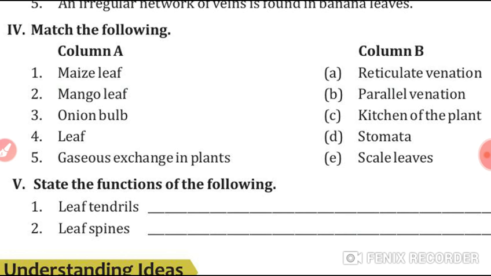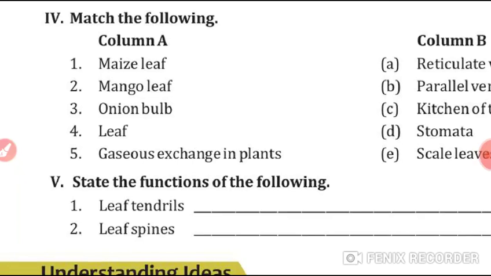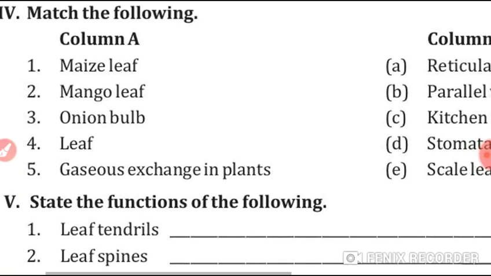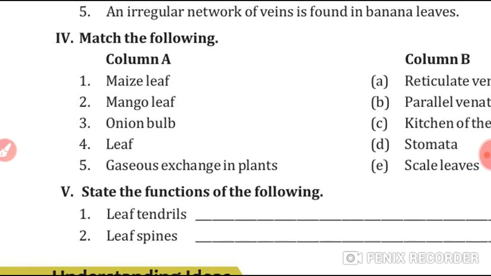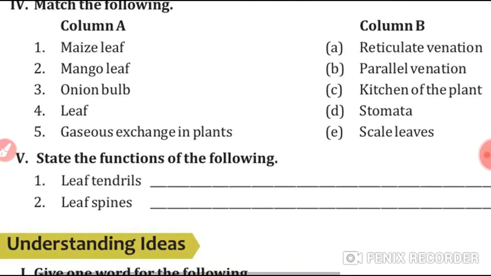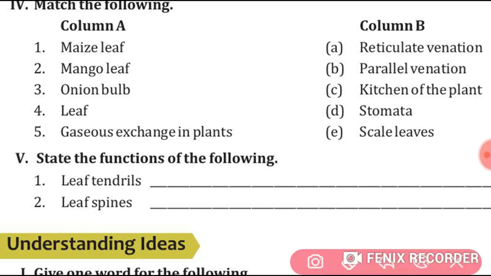Now, we will do question number 4, match the following. First of all, maize leaf. Its answer is parallel venation. Mango leaf, its answer is reticulate venation.